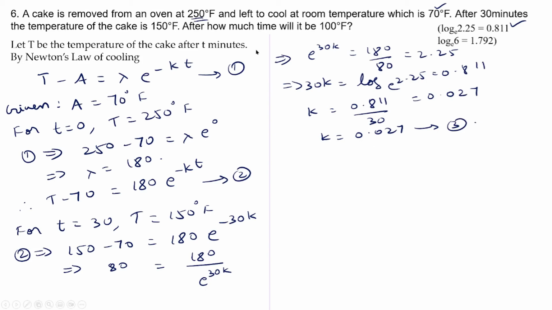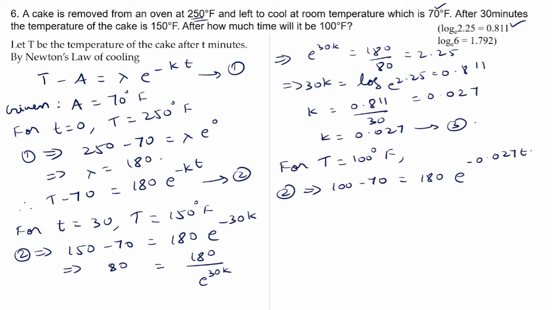Now we need to find the time in which the temperature becomes 100 degree Fahrenheit. For T equal to 100 degree Fahrenheit, 2 implies 100 minus 70 equal to 180 into e raised to minus 0.027 t. In place of k, we can substitute 0.027.